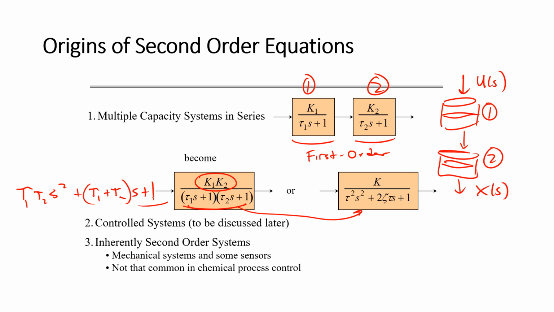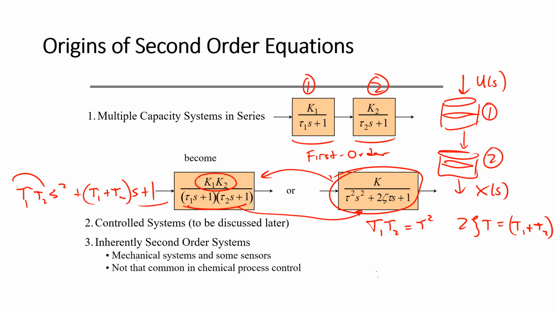Okay, and then tau 1 times tau 2 equals tau squared, and then 2 zeta tau equals tau 1 plus tau 2. Okay, so that's how this standard form for second order systems relates to 2 first order systems.